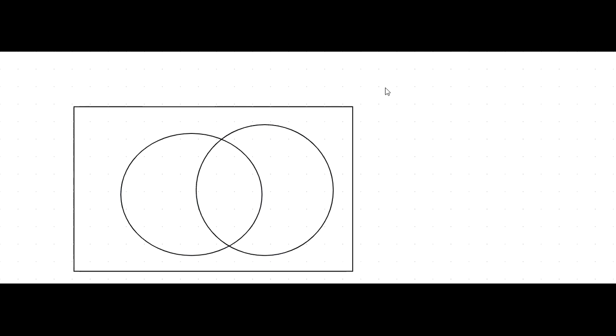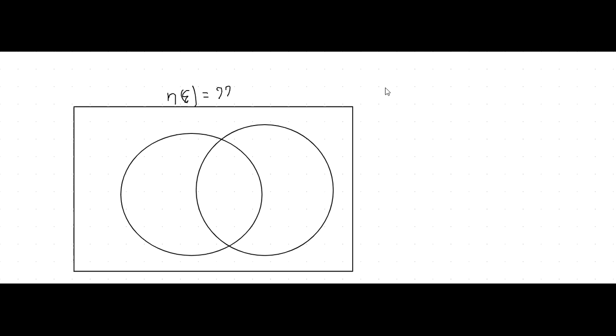Do you still remember these Venn diagrams from our O-level math? Yes, teacher. Okay, so this is the universal set. We have the number of universal, which in this case is not known.